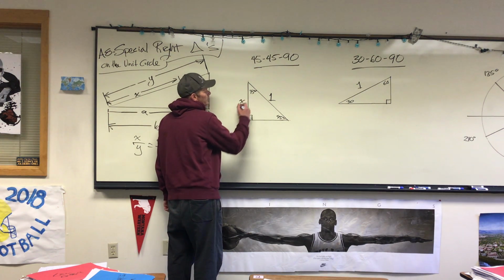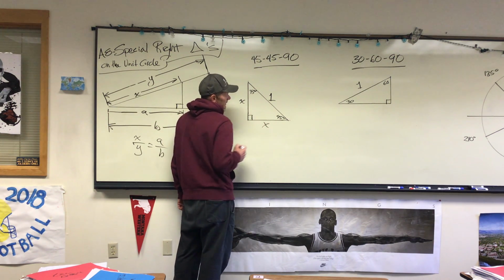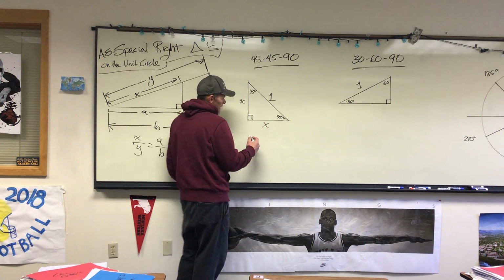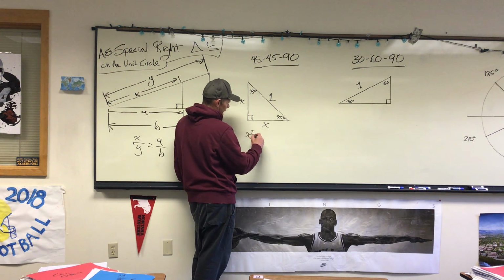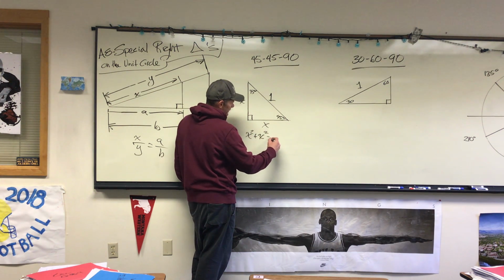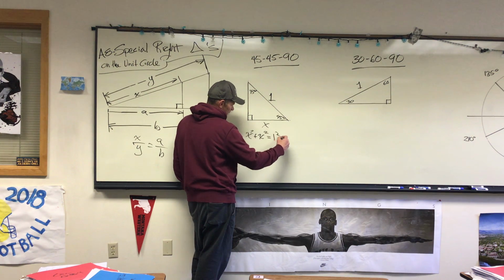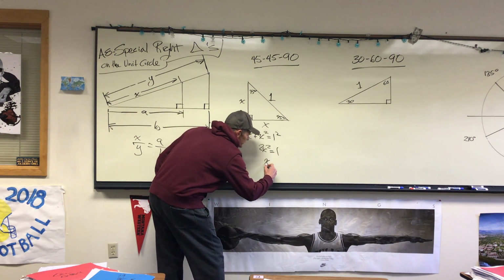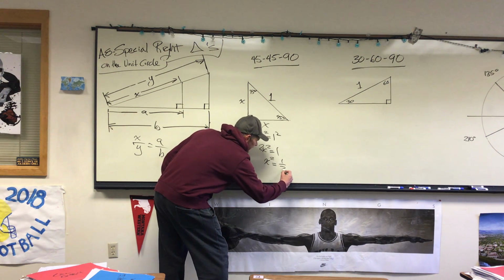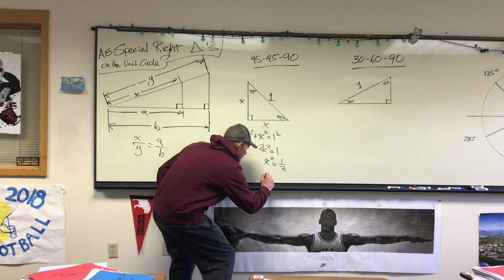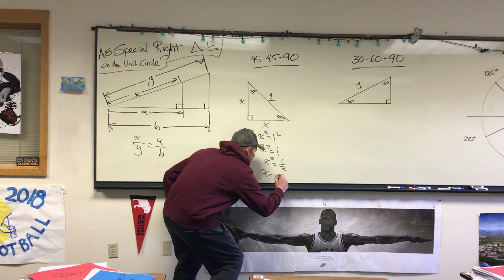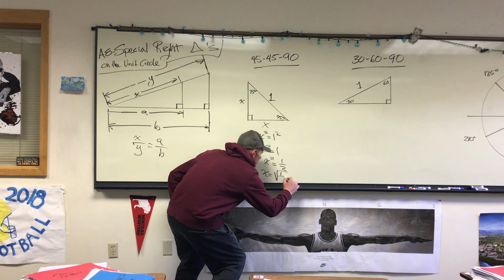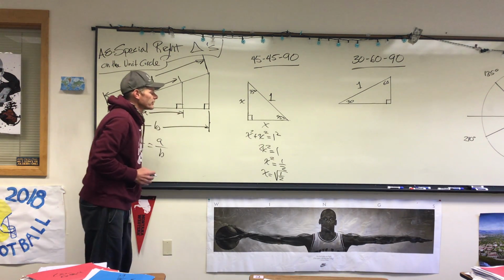So whatever this side length is, it is the same here. So we use Pythagorean theorem and we have x squared plus x squared is equal to 1 squared, which means that 2x squared is equal to 1, which means x squared is equal to 1/2, which means that x is equal to the square root of 1/2.